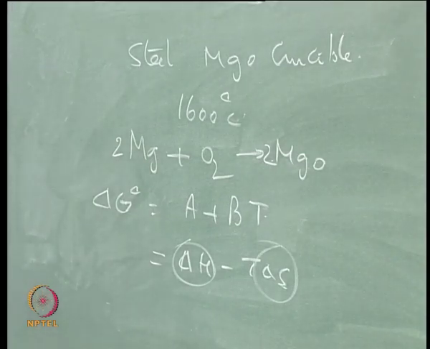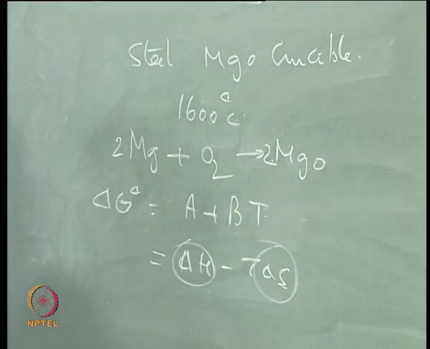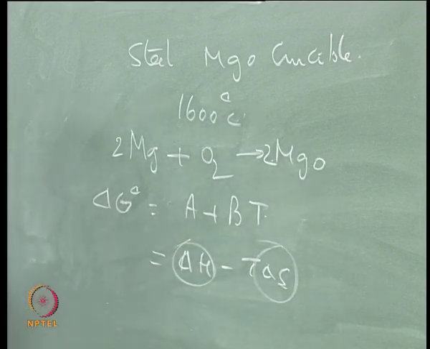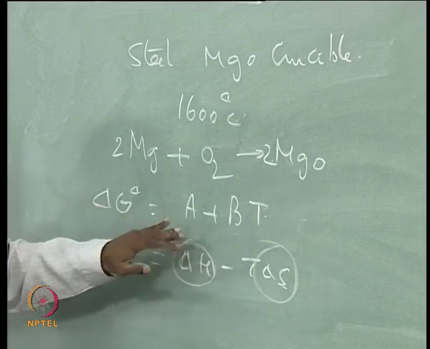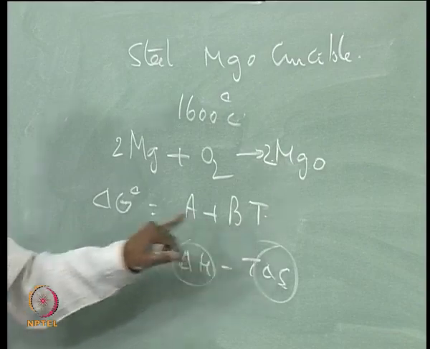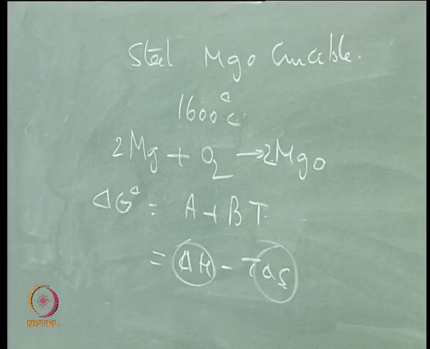In principle, yes, but in such a case this whole expression becomes more complicated, with temperature dependence in each of them. But to a large extent people have seen that A and B are constants for most reactions. So, you simply take A and B as constants and do it, and that works out for most of the reactions.